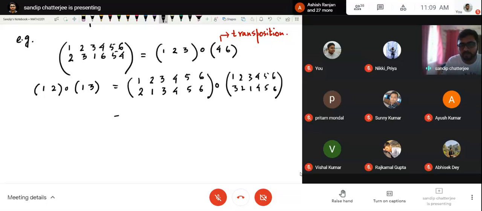So as per the rule of composition, let us start from 1. 1 moves to 3, 3 moves to 3, so in the result, 1 moves to 3.